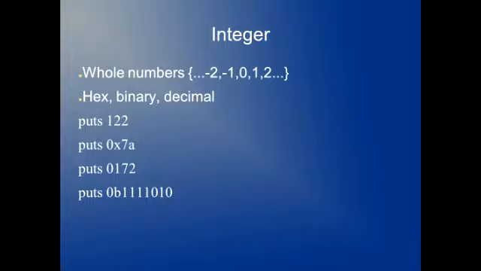Integers. Integers are a primitive data type. They represent all whole numbers ranging from negative infinity to infinity. Computers are limited, though, so they can only work within a subset of integers.